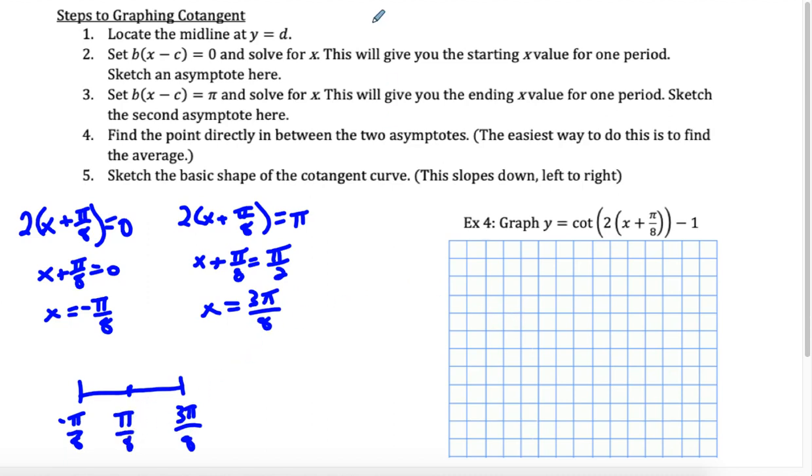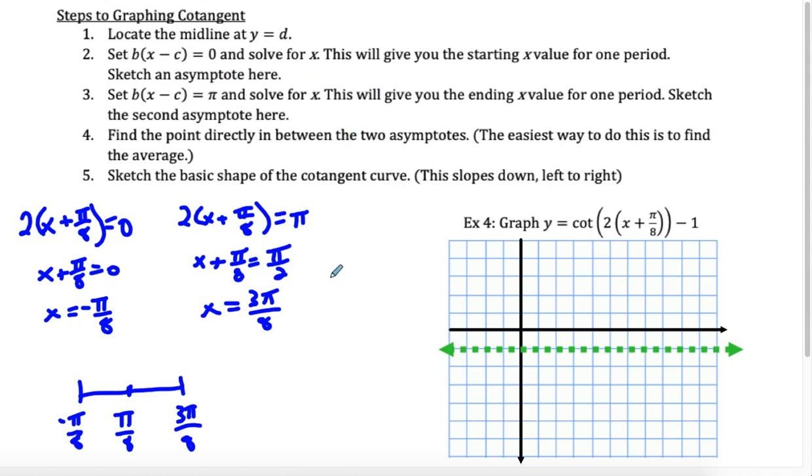So I can sketch in my axes. That will occur at, let's see, we're shifting just a little bit to the left. So let's make that a solid line. And we're shifting down 1. So put this axis up a little bit. Let's sketch the midline in at -1. And let's label.